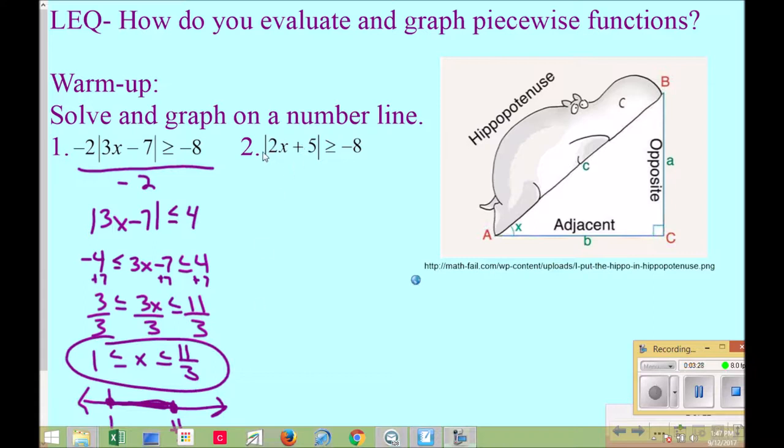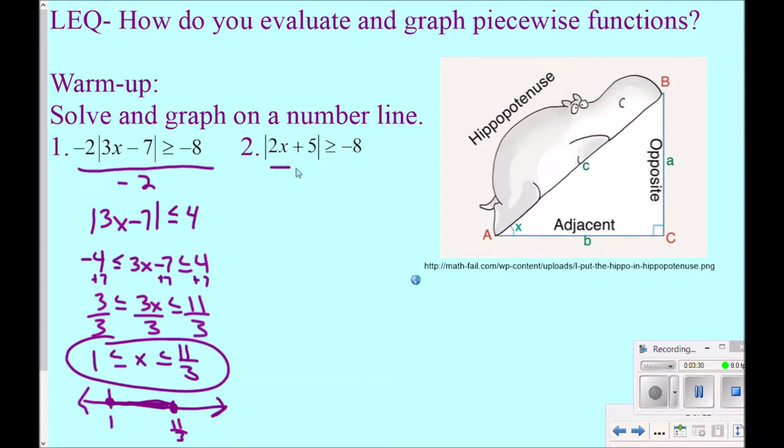So if we know the left-hand side, this absolute value, is going to be a positive outcome, is that going to be greater than or equal to a negative number, -8? Well, yes, a positive is always going to be greater than or equal to -8.